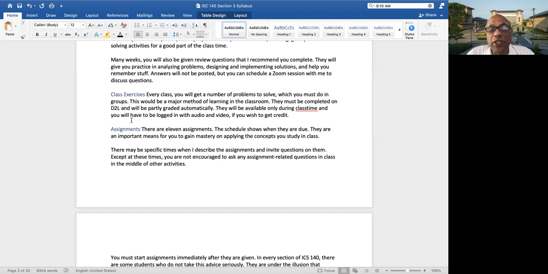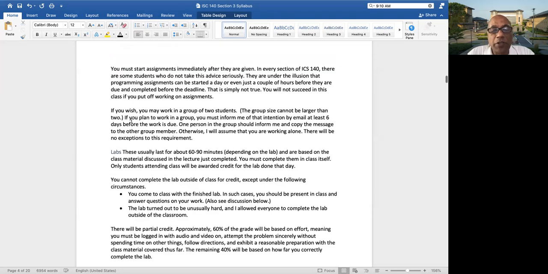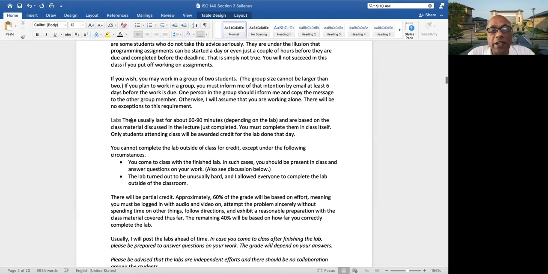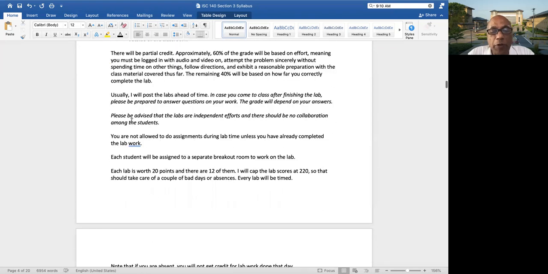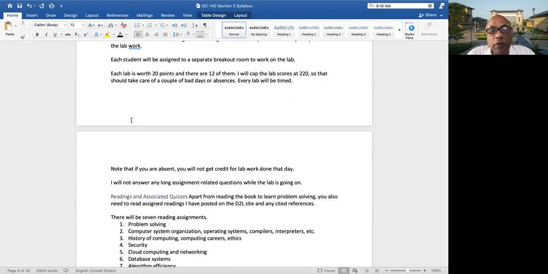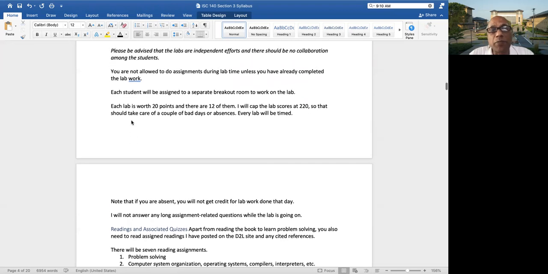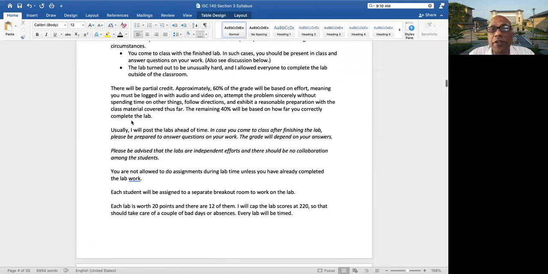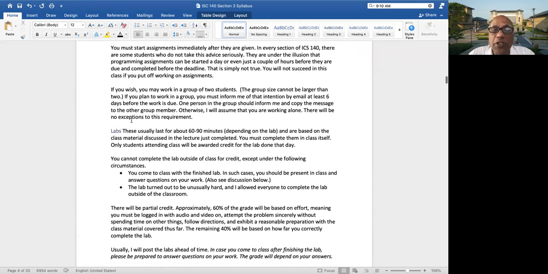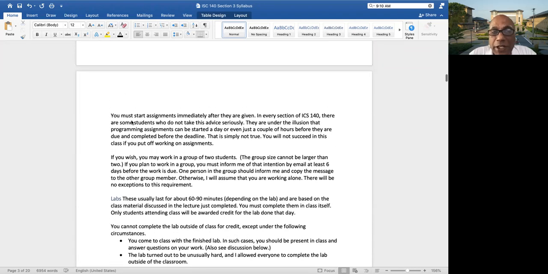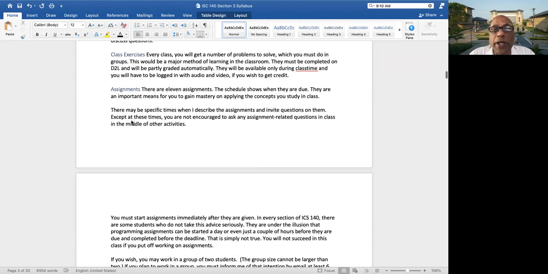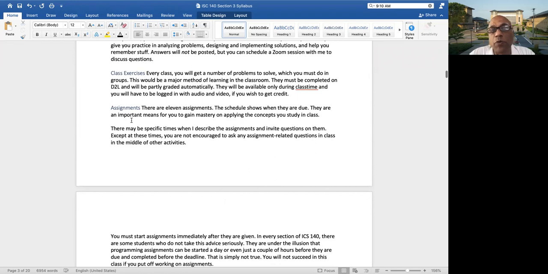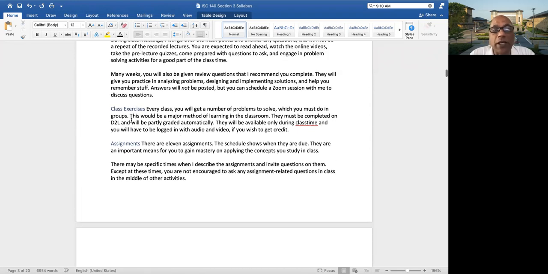But then there are 3 weeks when we have exams. Those exam dates are given here, and during exams, you will be solving multiple choice questions as well as programming questions, and you must take them during the scheduled time unless you get an excuse because of disability or something else.